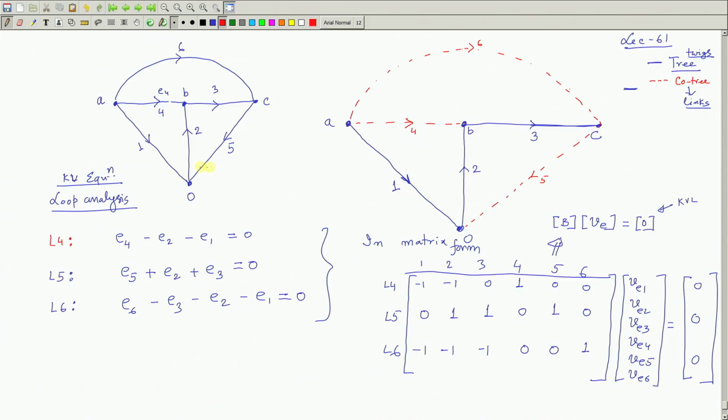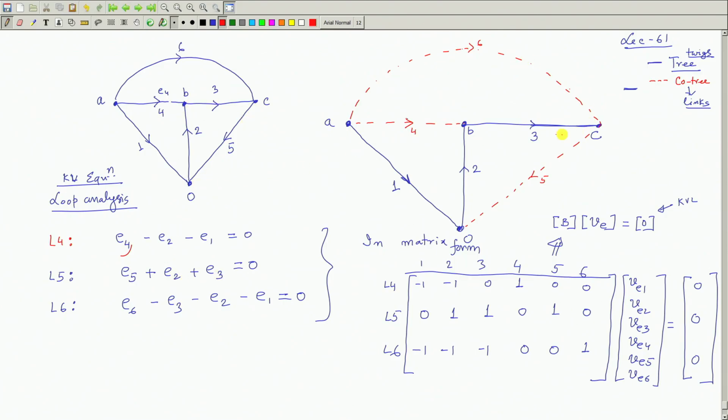While writing down the KVL equation in these fundamental loops, you start your journey: first write down the voltage of the link, whichever direction it is, you call it E4. So E4, then minus E2 minus E1 equal to 0, etc. Similarly for 5, you assign E5 plus, and this is also plus and this is also plus.